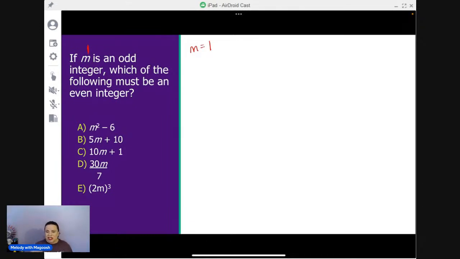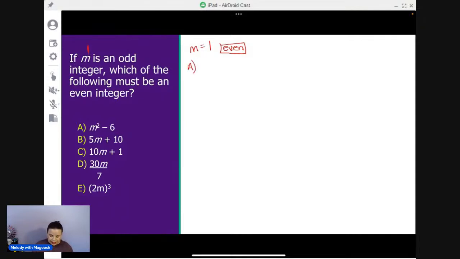There's no math to do in the question this time. All of the math is going to happen in the answer choices this time. But I would probably note on my scratch paper that my target, my goal, is to find an even integer. That's what the answer choices have to be. So if I plug in m equals 1 and it's not even, we get rid of it.